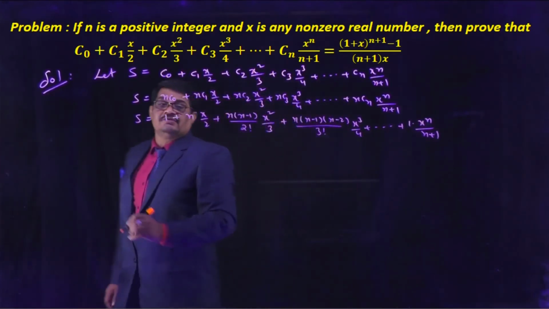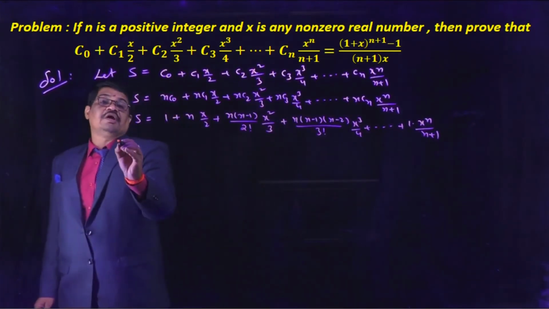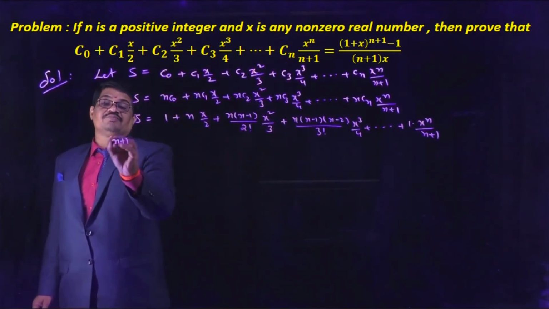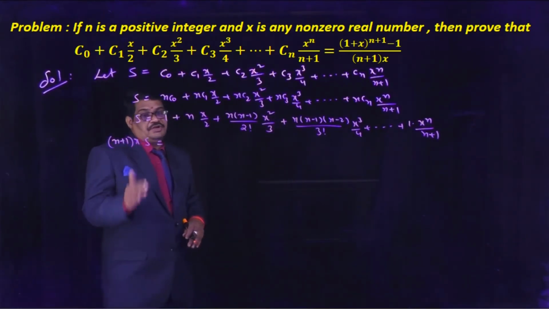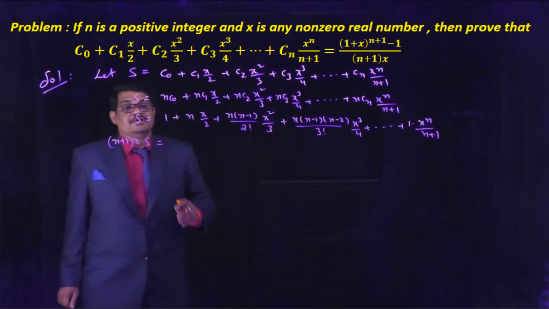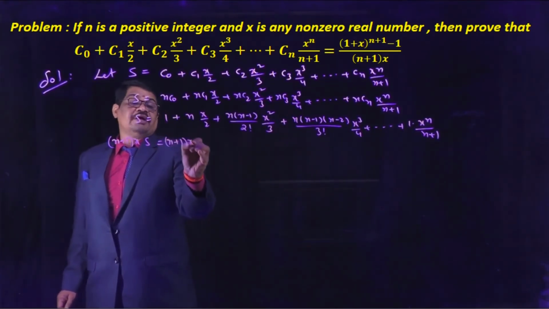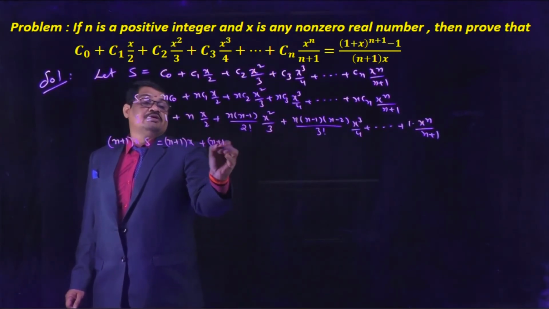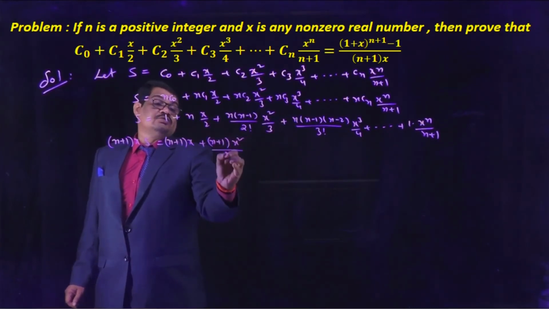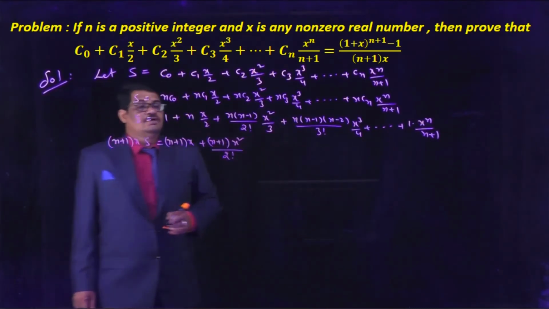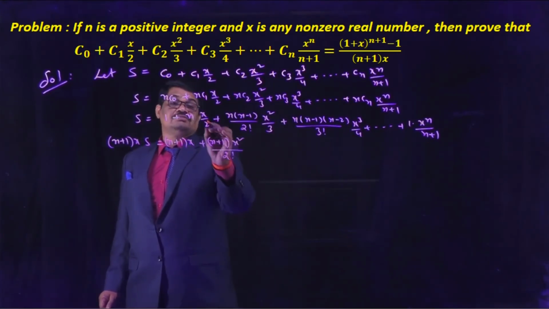Now we are multiplying with n plus 1 into x on both sides. Here n plus 1 into x into 1 is n plus 1 into x. Here n plus 1 into x, x square by 2, that can be written as 2 factorial, into n.